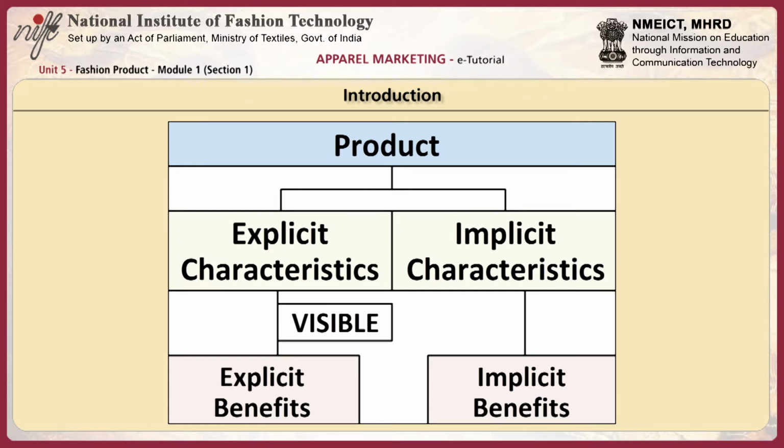The definition says, a product is a set of tangible and intangible attributes which may include packaging, color, price, quality and brand plus the seller's services and reputation.